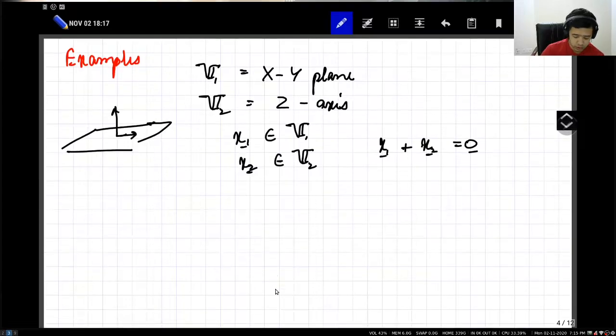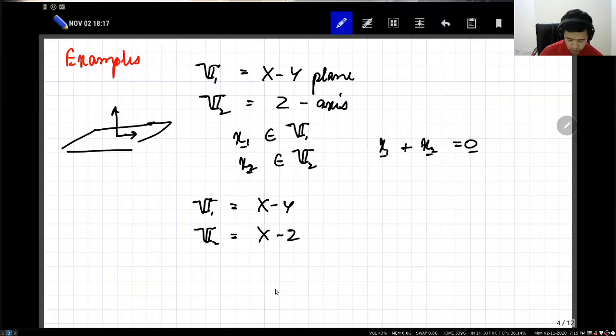Now on the other hand, if I take V1 to be equal to the xy plane and V2 to be equal to, say, the xz plane, then there is a way I can choose x1 and x2 such that x1 plus x2 equals 0, but x1 and x2 are both not equal to 0.